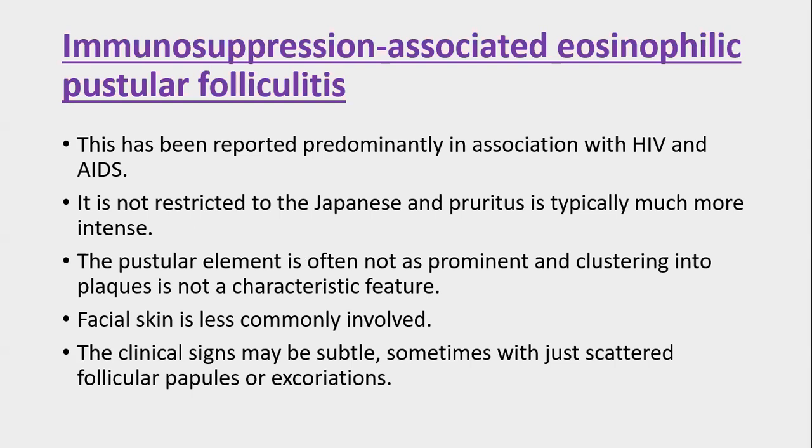And pruritus in this condition is more intense. Pustular element is often not as prominent, and clustering into plaque is not a characteristic feature of immunosuppression-associated disease. Facial skin is less commonly involved. The clinical signs may be subtle, and sometimes just scattered follicular papules or excoriation are seen.